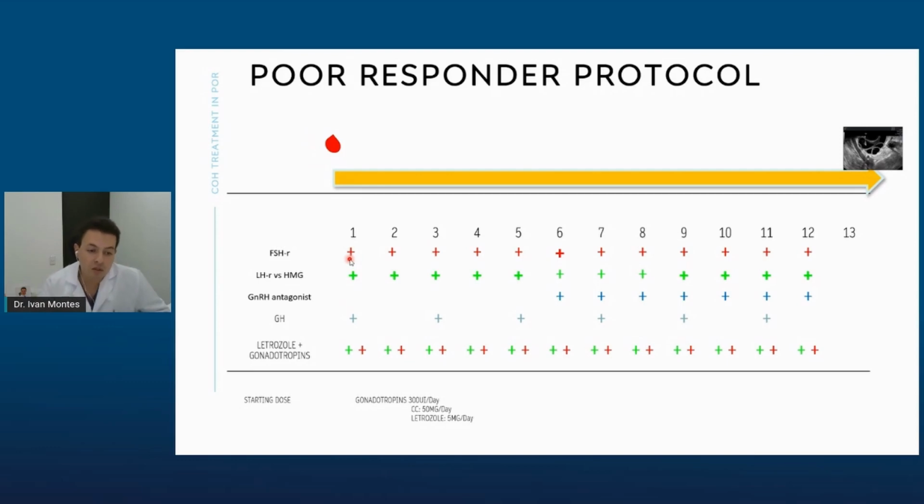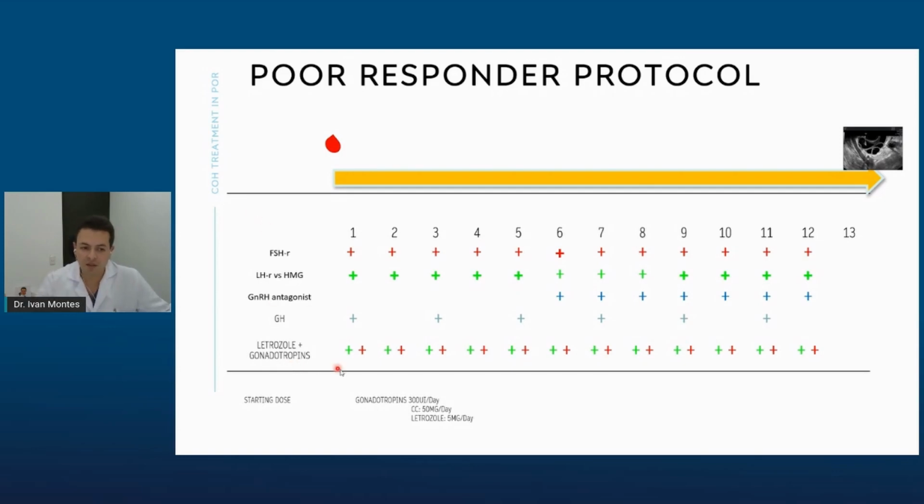And you can also use GH every day, or 1 day and 1 not. You can also use letrozole plus gonadotropins or clomiphene plus gonadotropins. None of them is better than the other one. The results are almost the same, but you can choose.